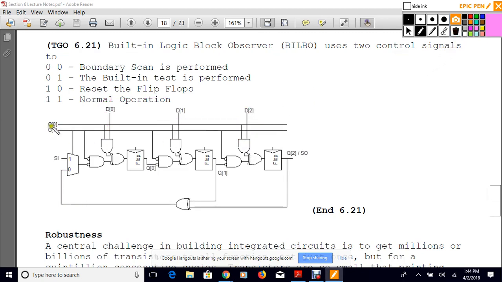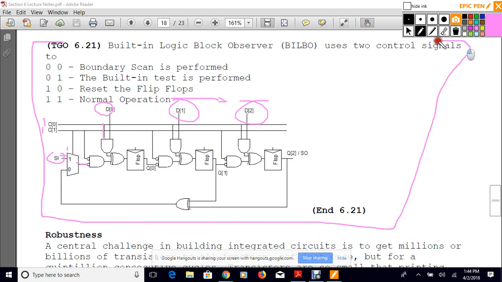And if it's 1, 1, well then I get the value here. And then based on these operations, I can control the flip-flops, which means it's a normal operation. So the TGO includes both the flip-flop combination and the truth table. So does that make sense?